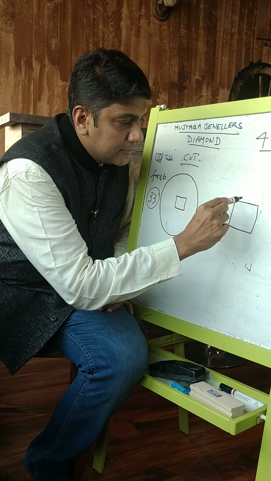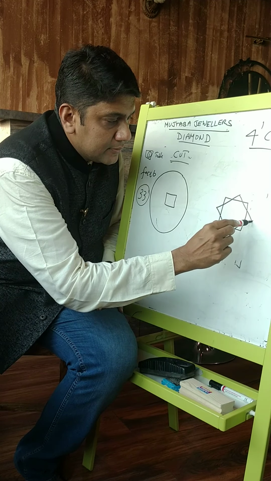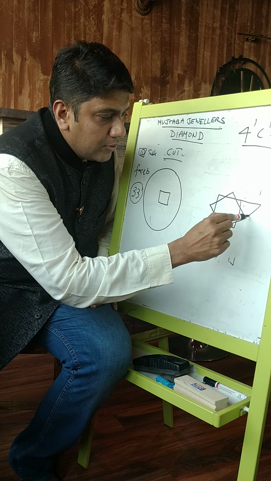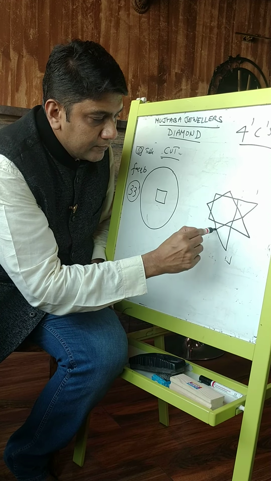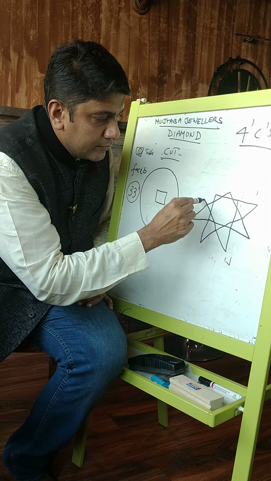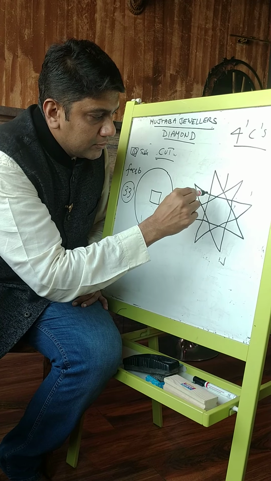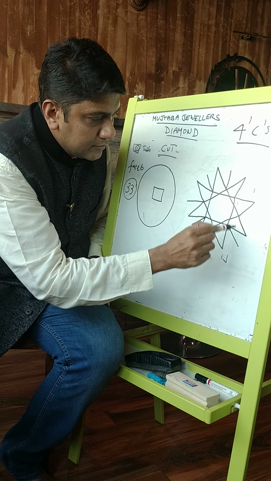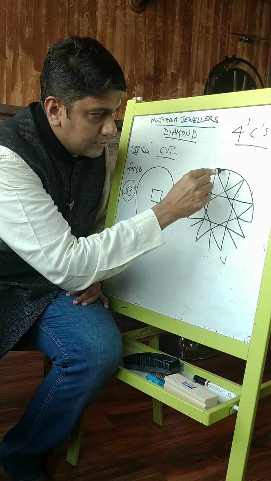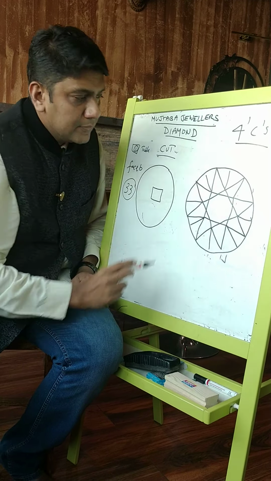First, draw a square, then a rhombus, then you draw a triangle, then you draw small lines between these triangles. This is how exactly a diamond looks from the top.